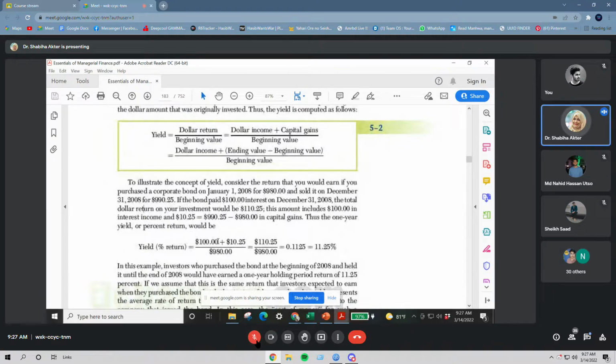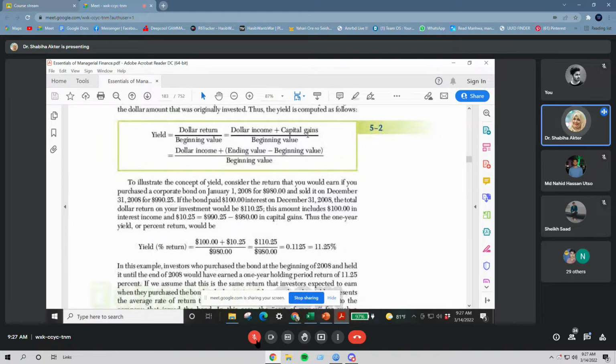So you can see here, what was our formula? Yield, dollar return, right? So dollar return, first part, dollar income plus capital gain. So dollar income is 100 because we're getting $100 as interest, that is our dollar income, right?